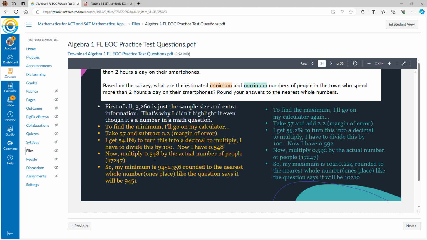So 0.548 times the actual number of people in the town, 17,247, gives me my minimum, 9,451, right? My 3 behind my decimal tells my 1 to stay a 1.